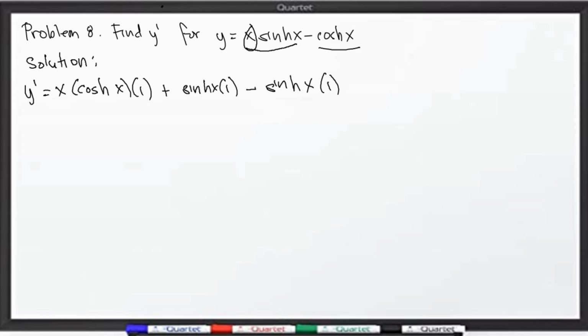Okay, so that will be our y prime. If we notice this one will be cancelled out. Therefore, what we'll have here is y prime is equal to x cosh of x. And this will be our final answer.